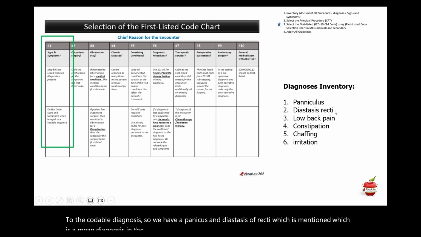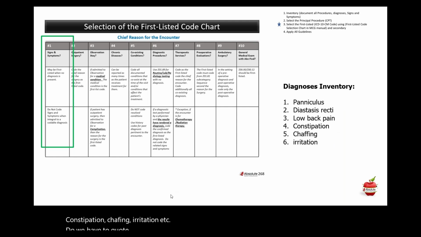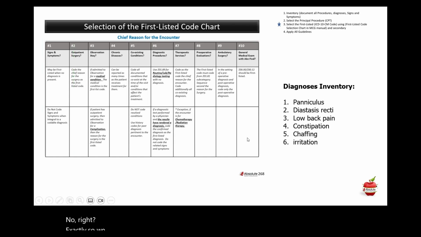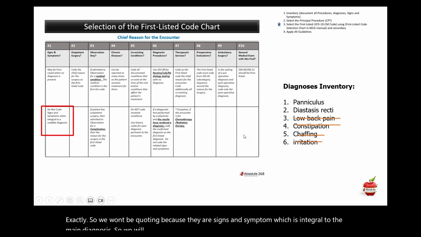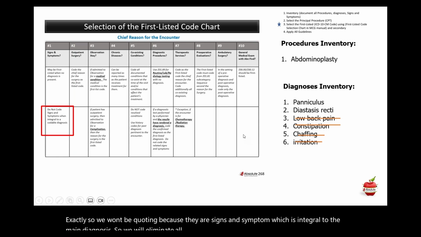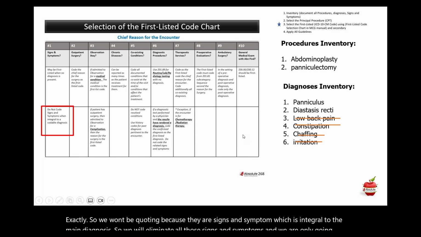At that time, do we have to code the low back pain, constipation, chafing, irritation, etc.? Do we have to code them? No, right? Exactly. So we won't be coding them because they are signs and symptoms which are integral to the main diagnosis. So we will eliminate all those signs and symptoms, and we are only going to code for panniculus and diastasis recti.